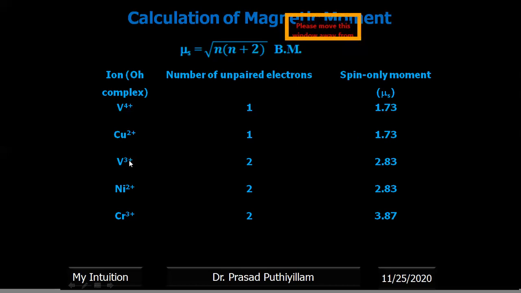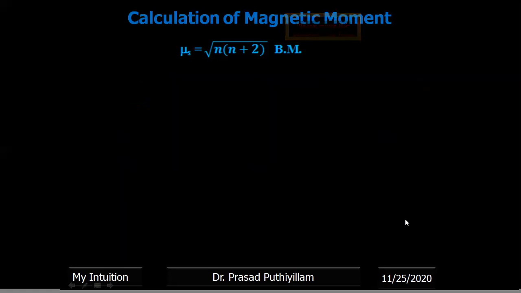Vanadium 3 plus has 2 unpaired electrons, and 2.83 is the spin-only moment. Nickel 2 plus has 2 unpaired electrons, and 2.83 is the spin-only magnetic moment. Chromium 3 plus has 3 unpaired electrons, and 3.87 is the magnetic moment.